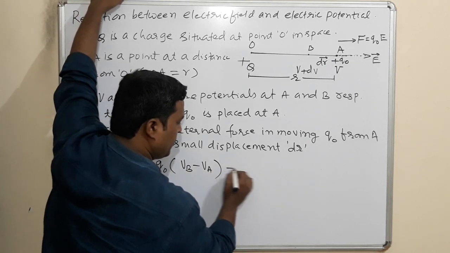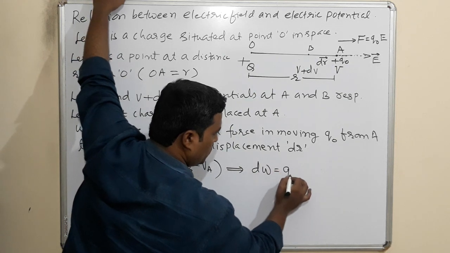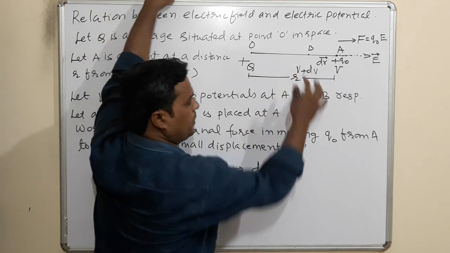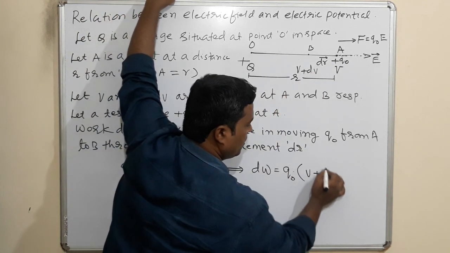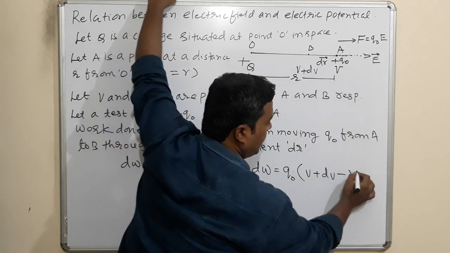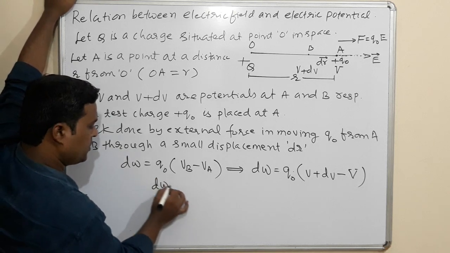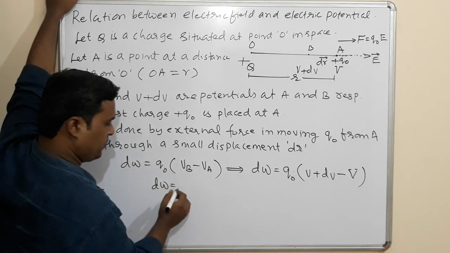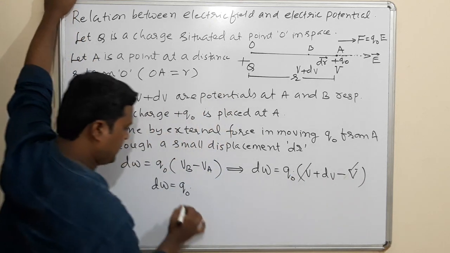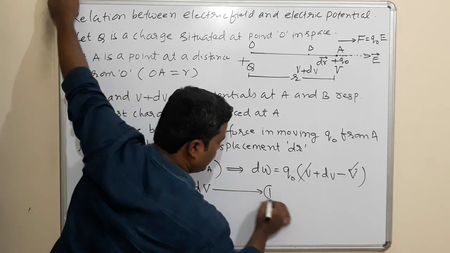Therefore, this implies that dW is equal to Q naught into potential difference, V plus dV, potential at B, minus potential at A, which is V. Then what is the work done by external force? Work done by external force is Q naught into, this V and V get cancelled, Q naught into dV. Let us call this equation number 1.